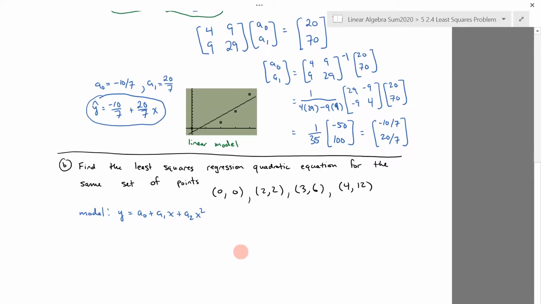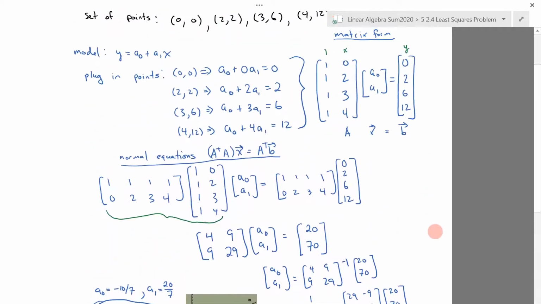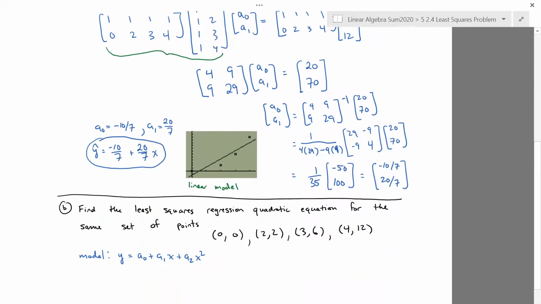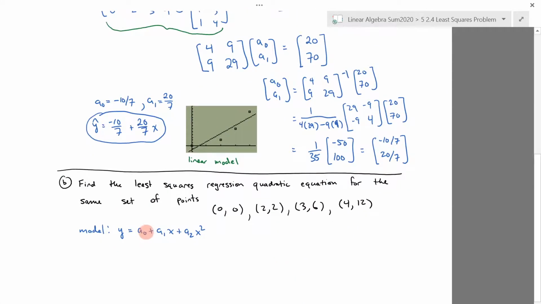Okay, so to streamline this process, how is this matrix A constructed? As you plug in the points, the coefficient of A0 is 1, the coefficient of A1 is x, and the coefficient of A2 is x squared.